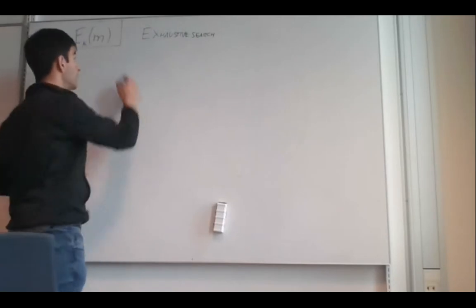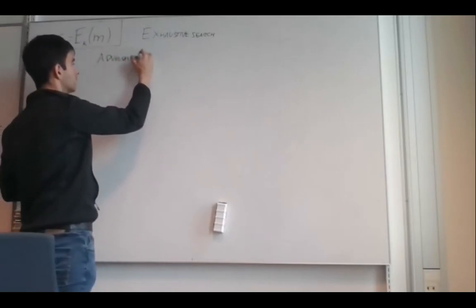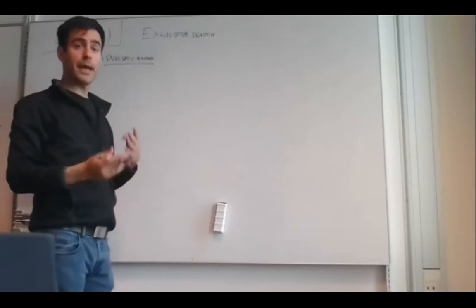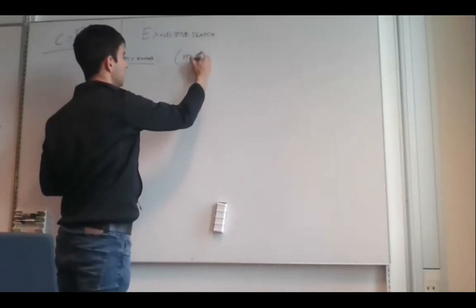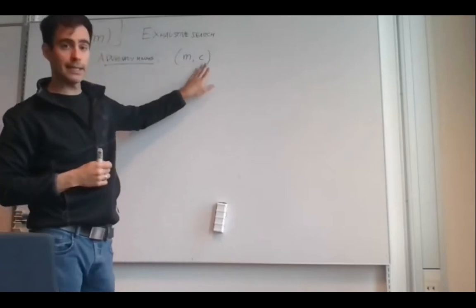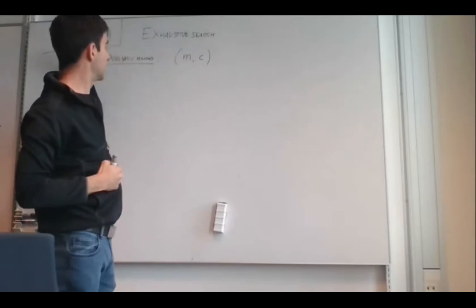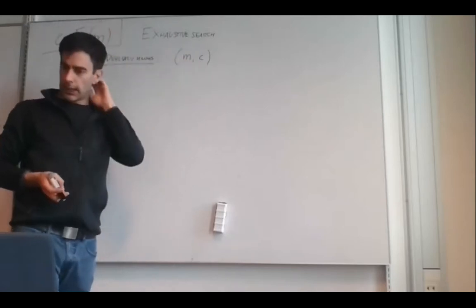The assumption is that the adversary knows one or more pairs of ciphertext and messages. Let's say for simplicity that the adversary knows one such pair: one message and one ciphertext, such that when you encrypt this message with the key, you get this ciphertext. How did the adversary get these?